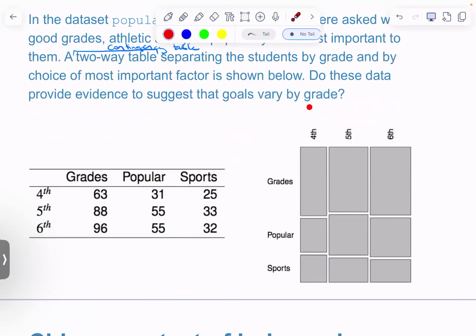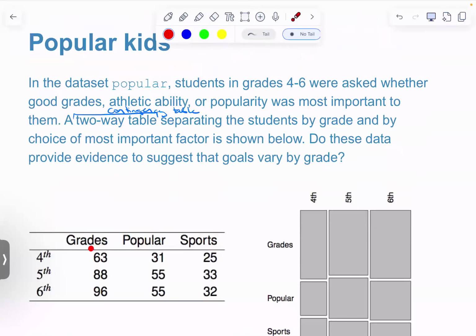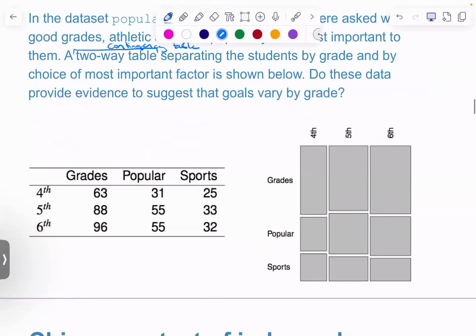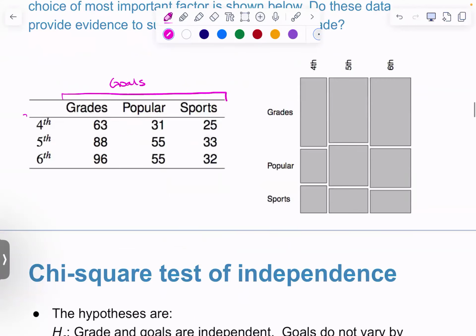Really what we want to know is, these are the grades, even though grades is one of the outcomes in the goals. But we'll call this our goals variable, and this is our grade variable.